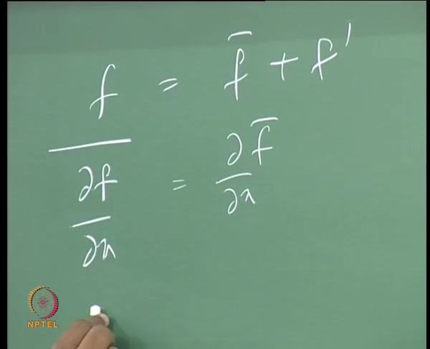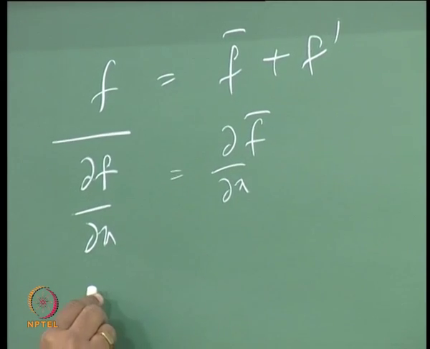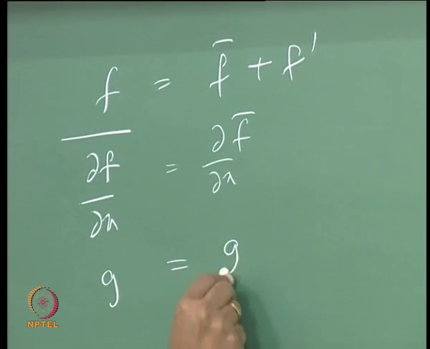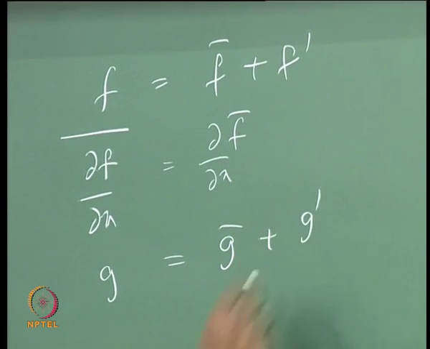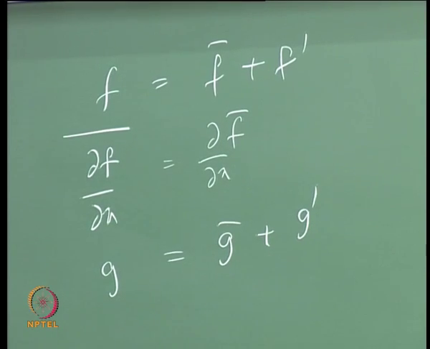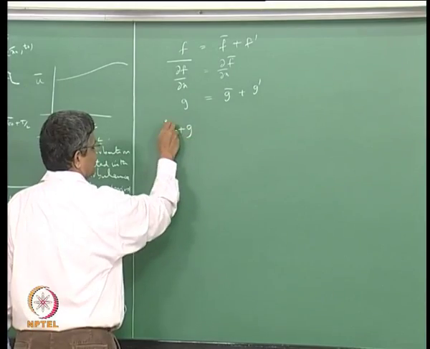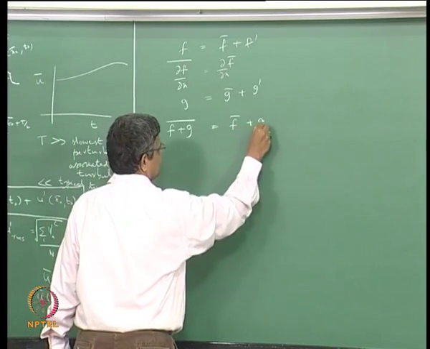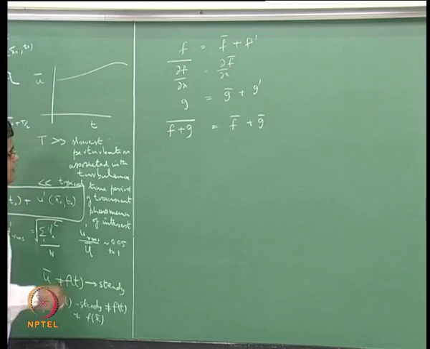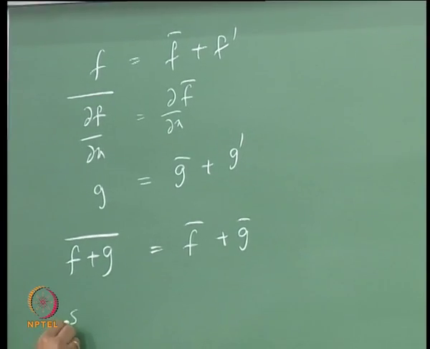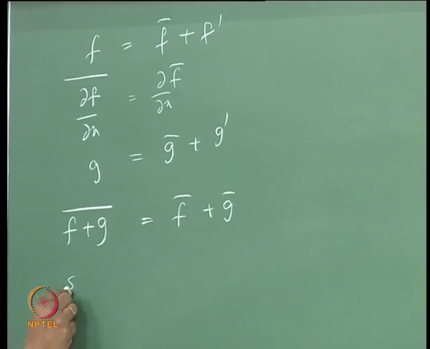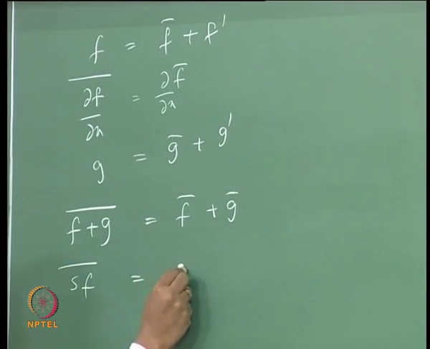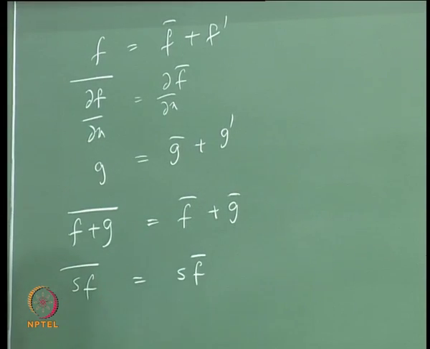And similarly, if g is another quantity which is decomposed into g bar plus g prime, then we can show that the time average of f plus g is equal to f bar plus g bar, and the time average of a scalar quantity times f is equal to the scalar quantity times f bar.